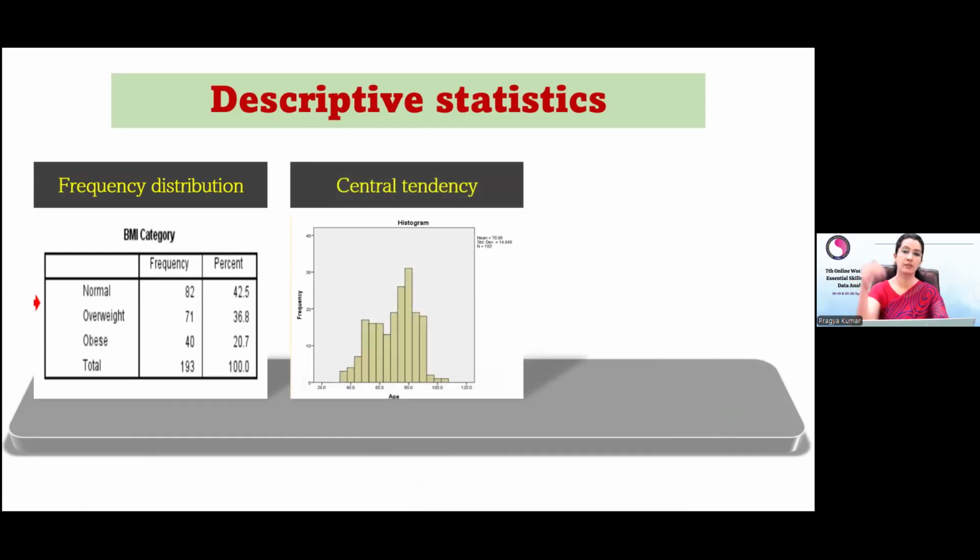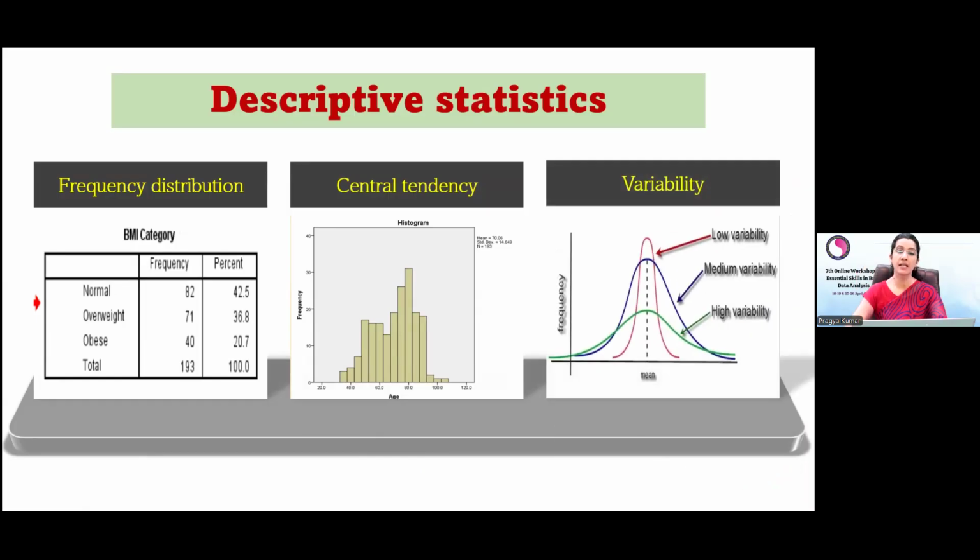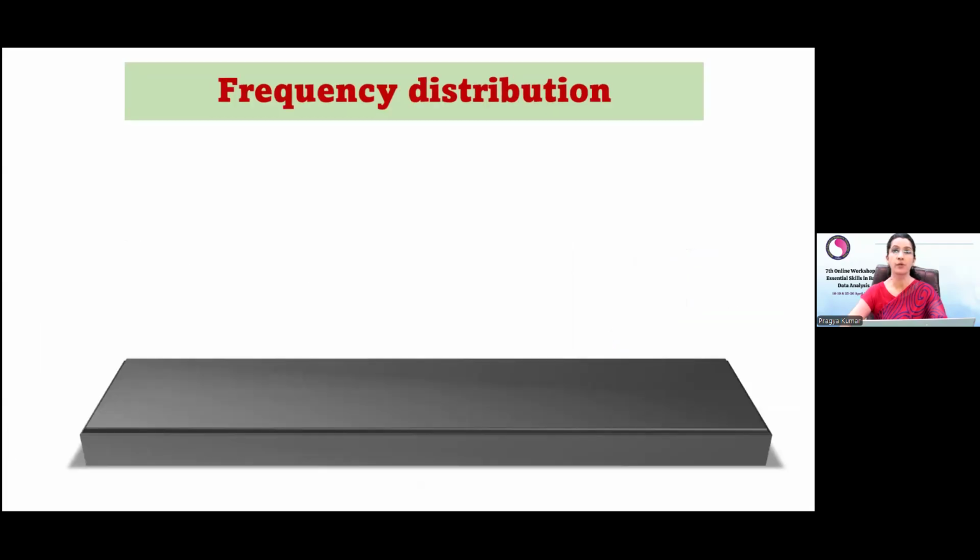Then comes central tendency, which is for continuous data, like mean, median and mode. Then there is variability, which is for dispersion, so the standard deviation or the standard error. And then there's position, like centile and percentile, 5th percentile or 95th percentile. Then coming to the frequency distribution.